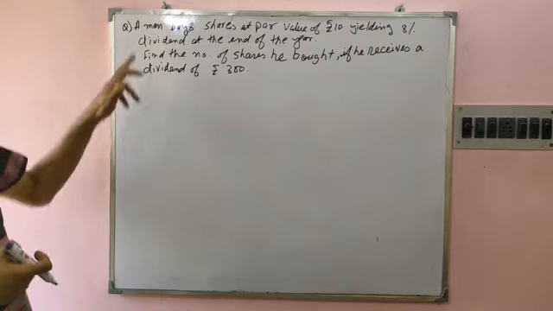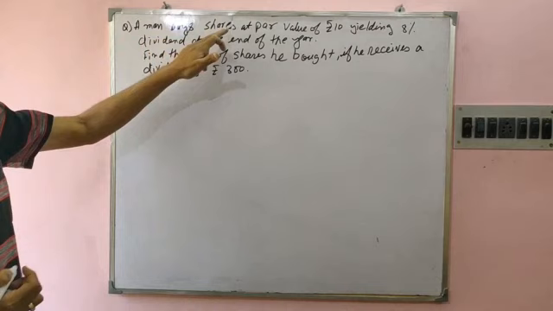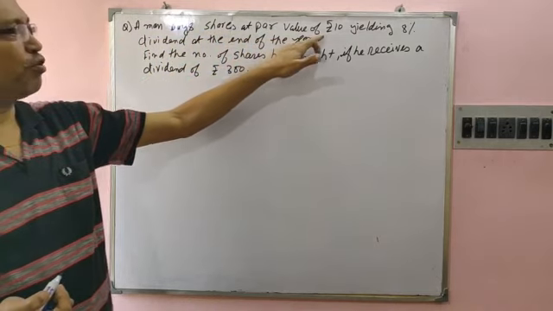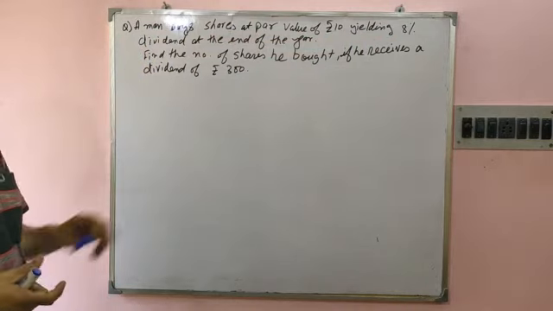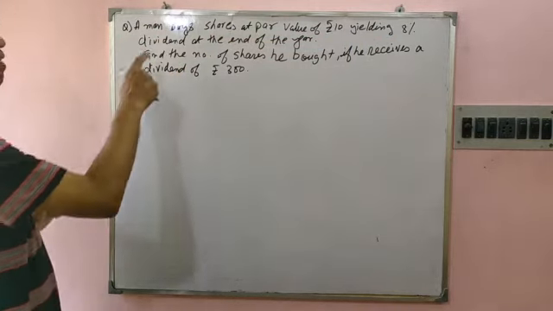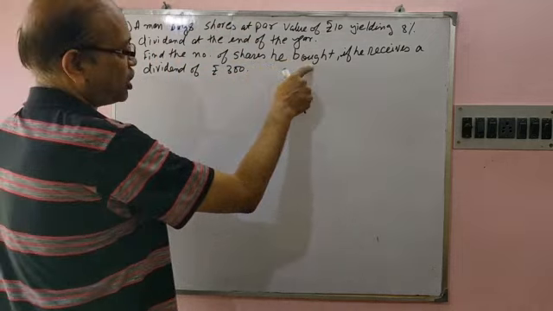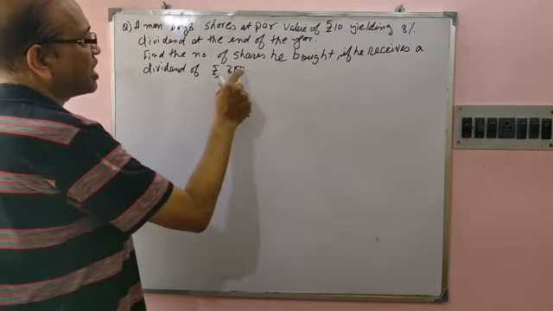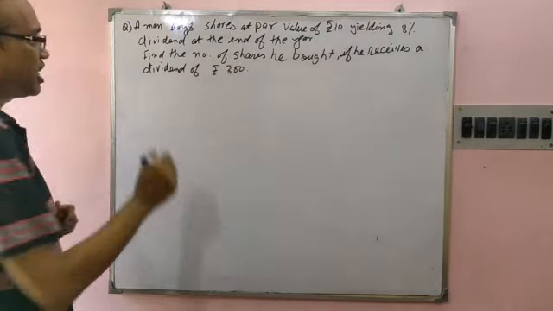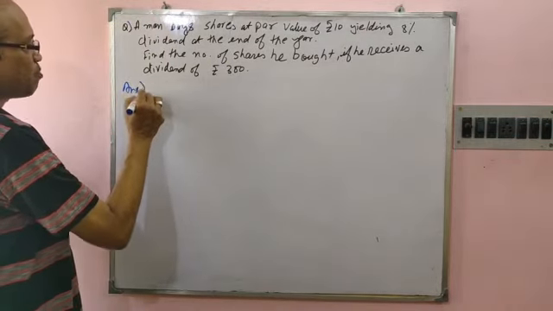Next question. A man buys shares at par value of rupees 10, yielding 8% dividend at the end of the year. Find the number of shares he bought if he receives a dividend of rupees 300. Here again, what is given?